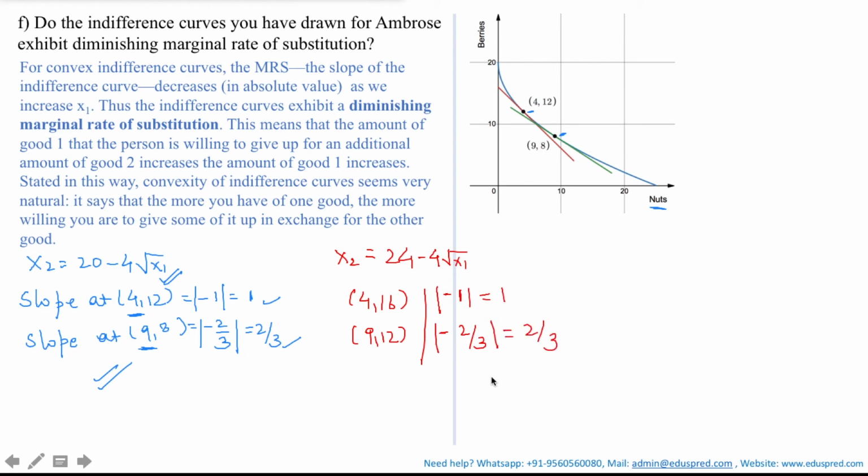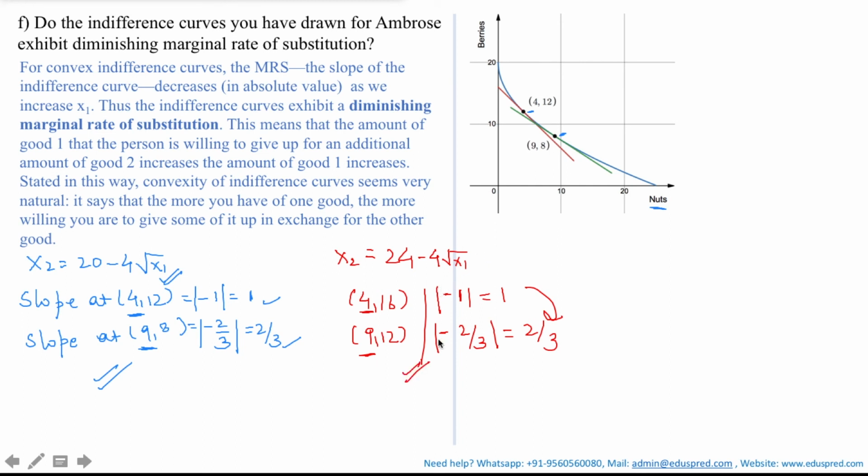Again, in order to have a diminishing marginal rate of substitution, my slope should be decreasing as I increase the consumption of good 1. Note that as we increase the consumption of nuts, which is good 1 in this case, from 4 units to 9 units, our slope is decreasing from 1 to 2/3 in absolute values, which means this indifference curve is also exhibiting a diminishing marginal rate of substitution.